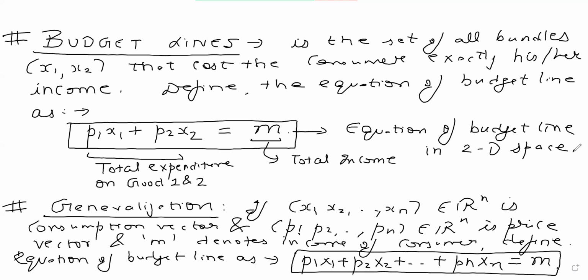Now, obviously, we can't visualize the nth dimension, but let's look at how you can plot the budget line and the budget set in the 2D space. So, if I erase all this off, let's look at the diagram which depicts the budget set and the budget line.